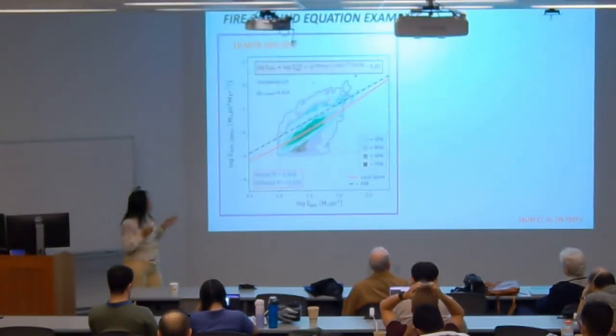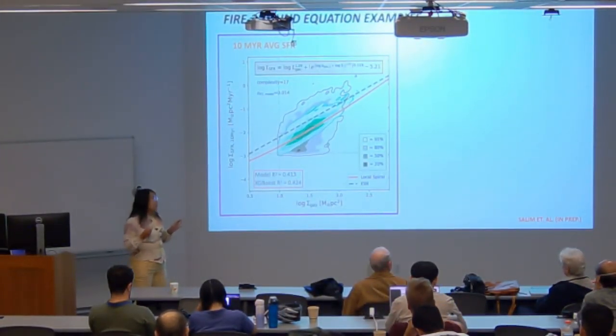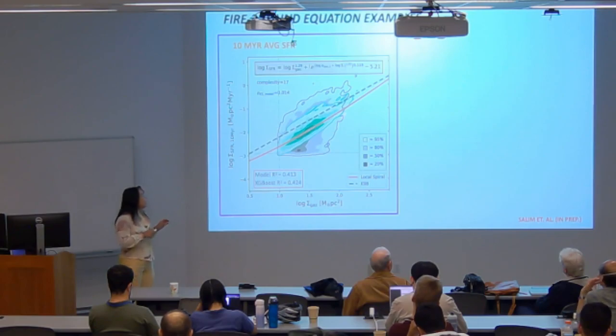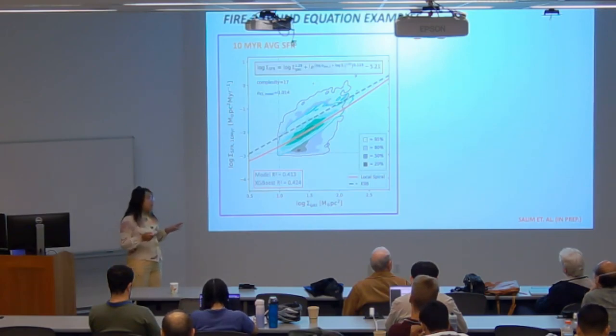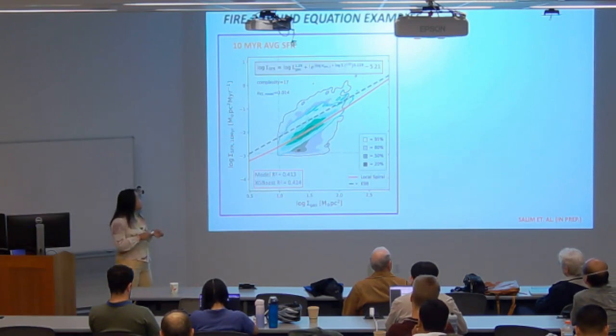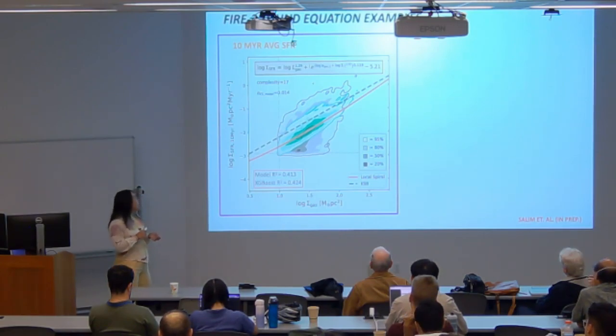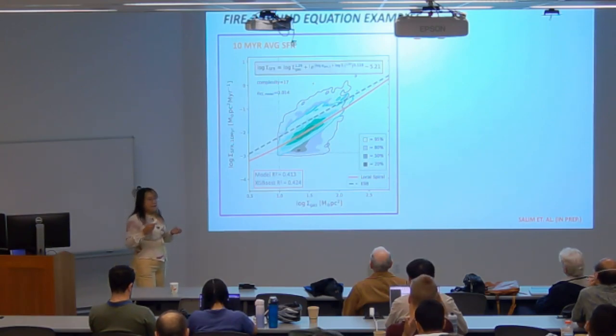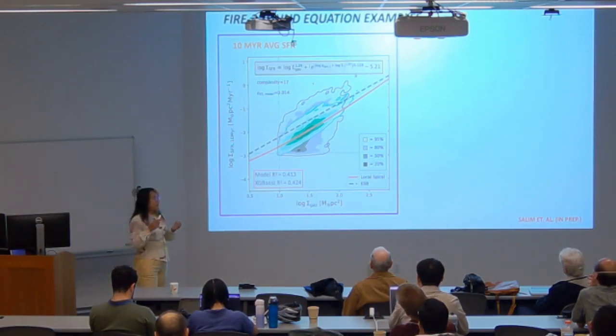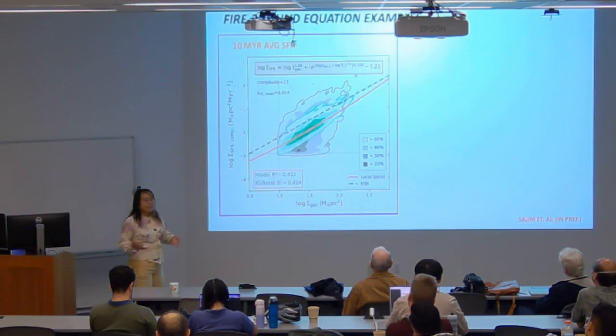And so here are some of the found equation examples. We saw that for the short timescale, a lot of the equations featured a linear correlation with column density of gas, as well as smaller contributions from the velocity dispersion of gas and the column density of stars, which represents the potential of the galaxy.